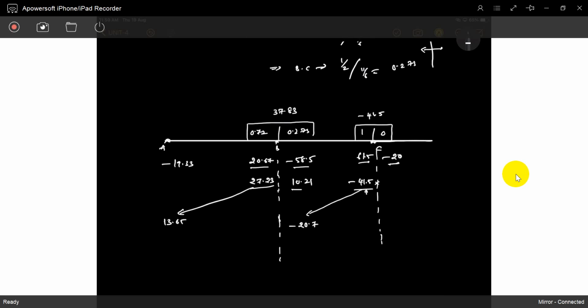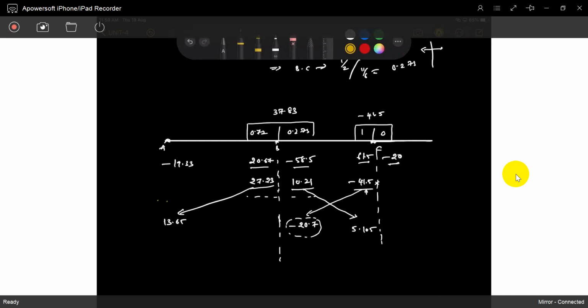Also, if you apply 10.21 here, the carryover moment will go exactly here. 10.21 divided by 2 is 5.10. So again there is an unbalanced moment. Up to this it was balanced, but again due to carryover moment, these are unbalanced.